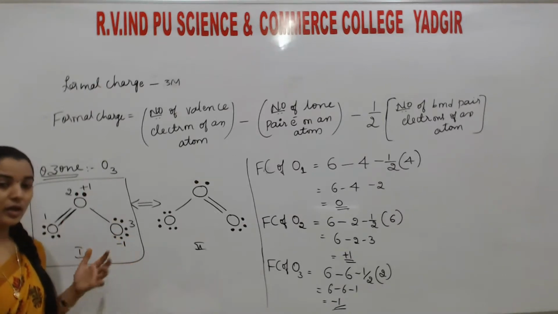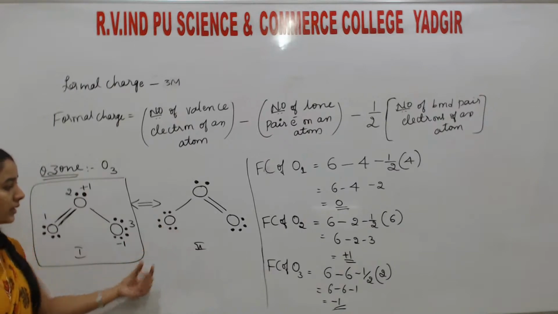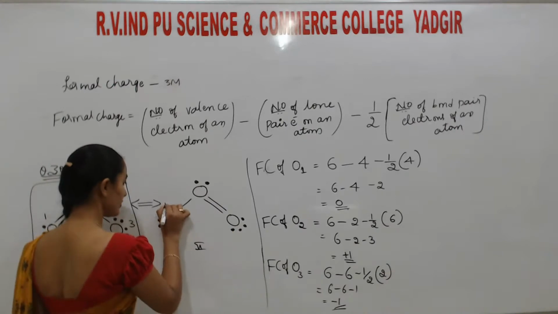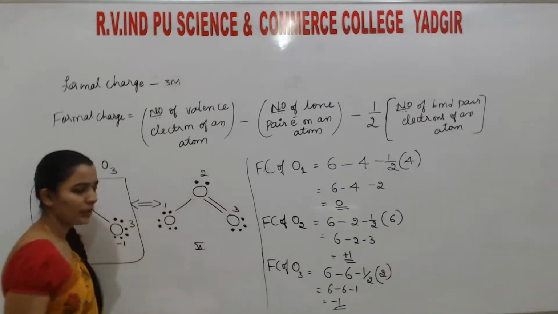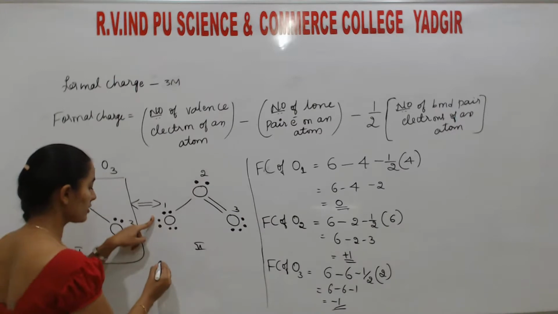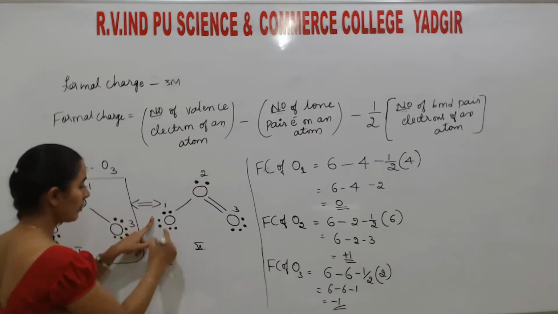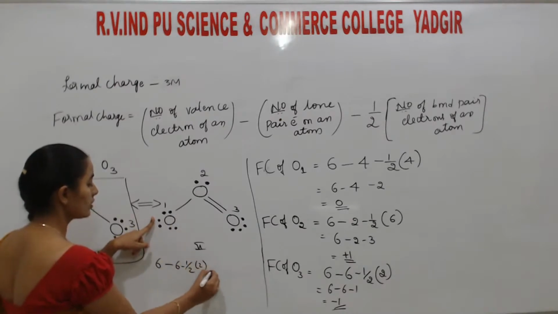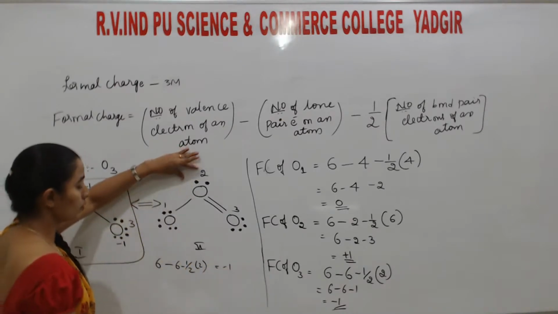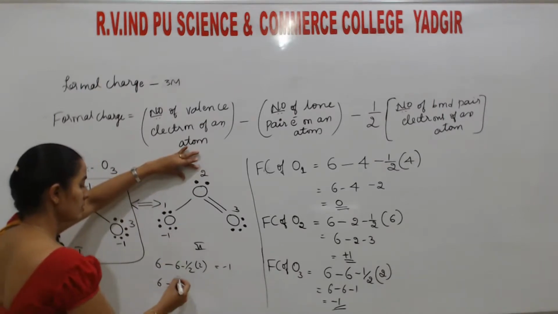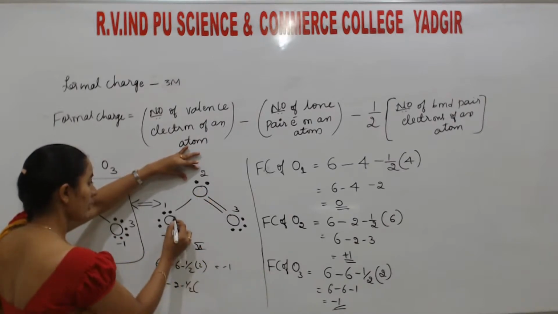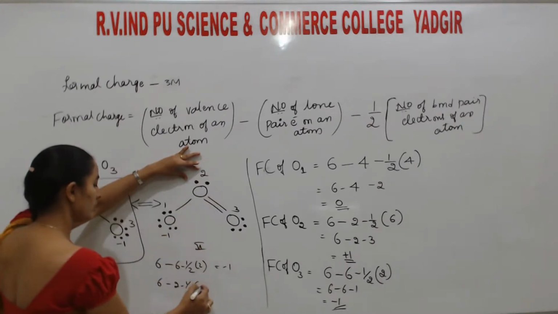If it has a resonating structure, you may consider it like this, listen. I consider again this one as 1, 2, 3. That may be different. Here the number of valence electrons is 6, and the number of lone pair electrons is 6, minus half into bonded, which is 2. So that is minus 1. For oxygen 2, the number of lone pair electrons is only 2, minus half into bonded, 1, 2, 3, that is 6.